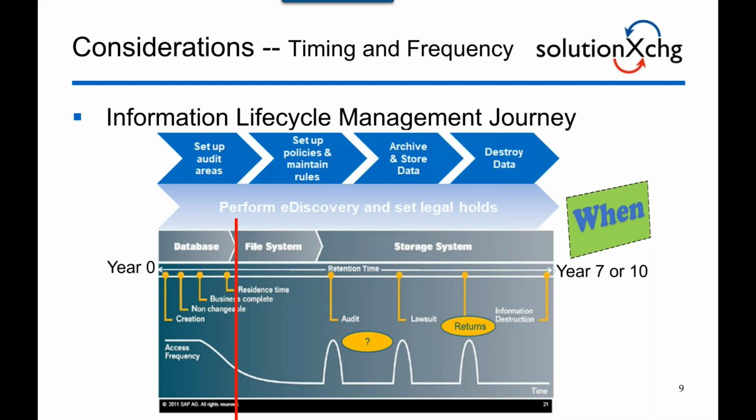In this particular depiction, the general notion is that from the time of creation until the time of useful life, to the time of the mandatory destruction, if one honors the retention guidelines within the company, is typically a 0 to 7 year at most, US based, or 10 year, most commonly in European countries, for transactional data, but some different types of transactional data can have shorter online retention times as well.